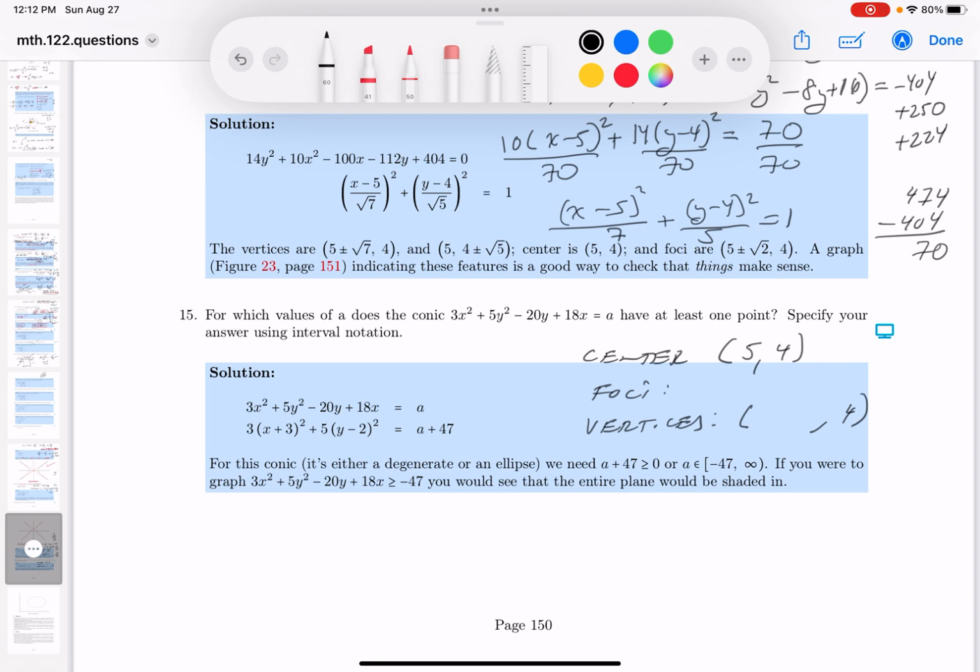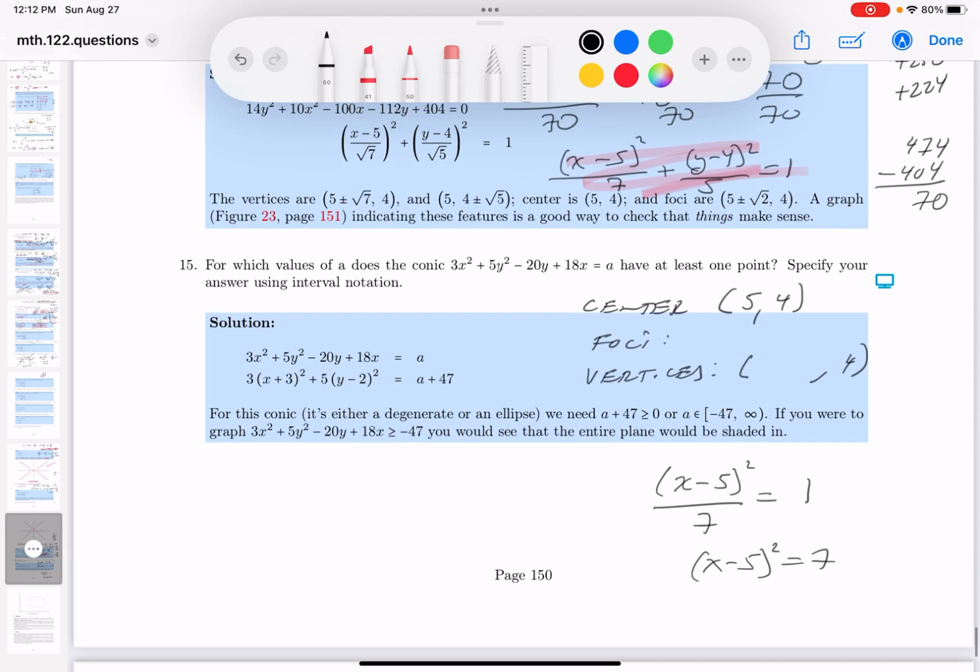Again, I'm looking at this equation here, and I'm setting y to be 4. But what do I get? (x minus 5) squared over 7 is equal to 1, because if y is 4, that term with y in it would disappear. I'm going to multiply both sides by 7. (x minus 5) squared is equal to 7.